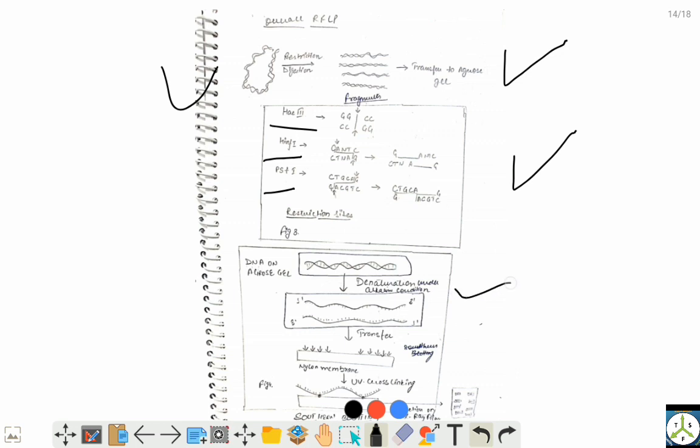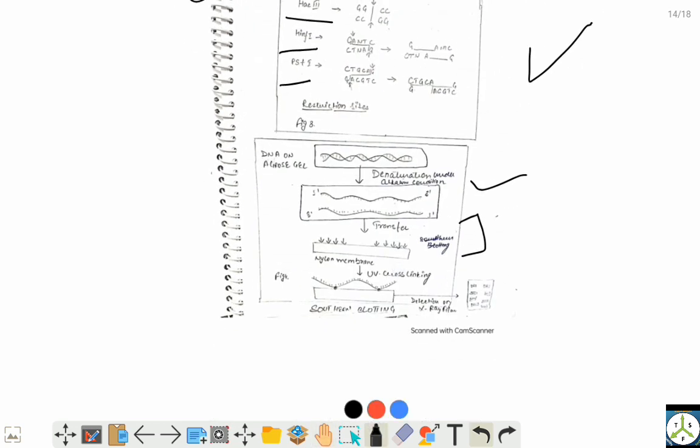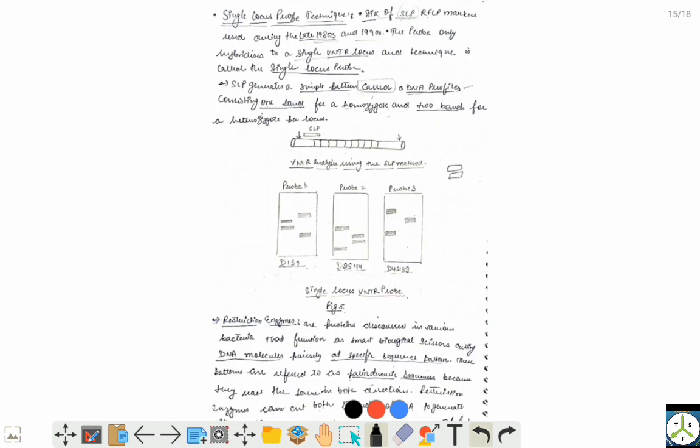Then we denature under alkaline condition. Then we transfer using southern blotting onto the nylon membrane by using UV cross-linking. After that we detect all the DNA sequences like a barcode. Clear? So we have different techniques, the single locus probe technique and the multi-locus probe.